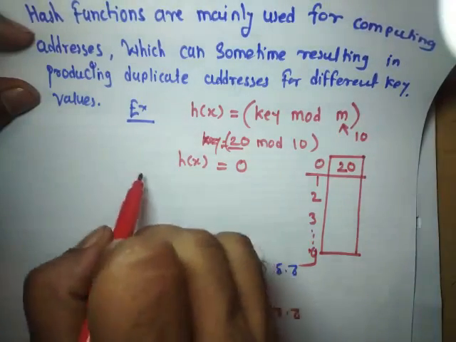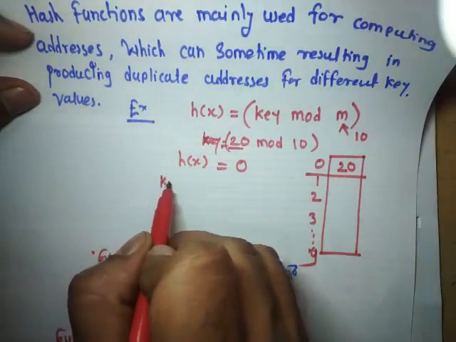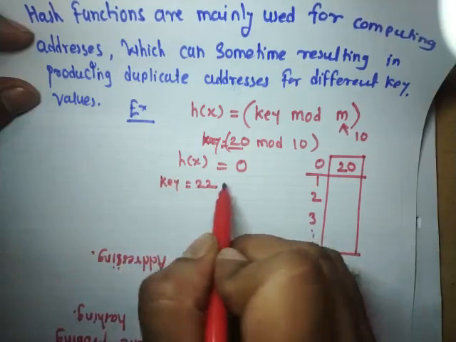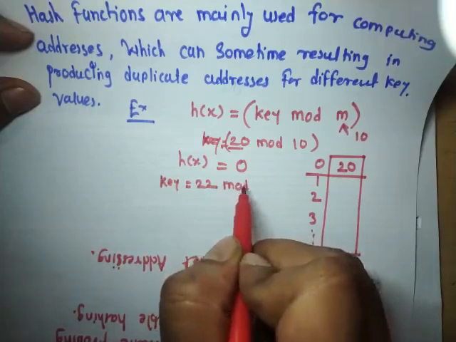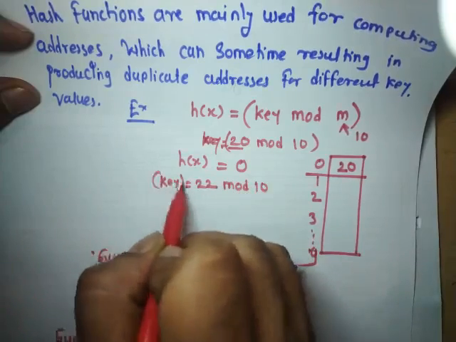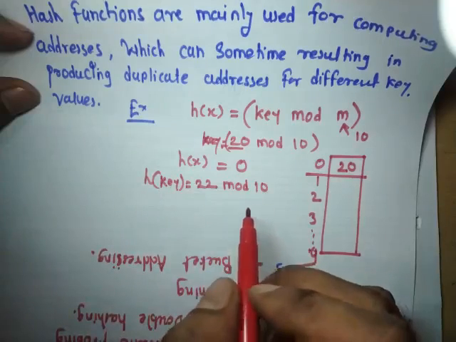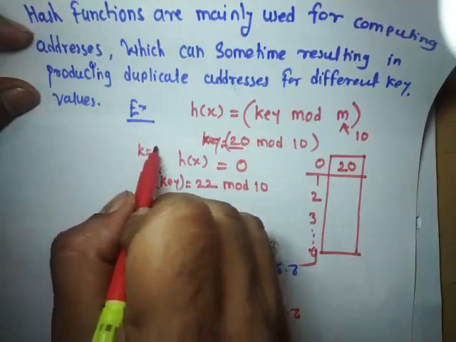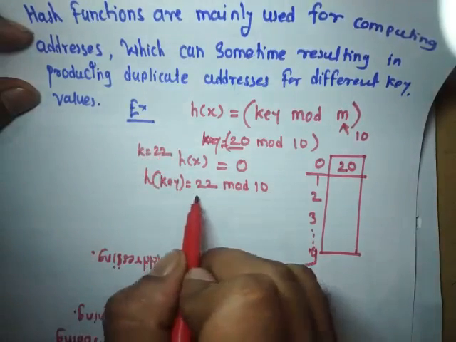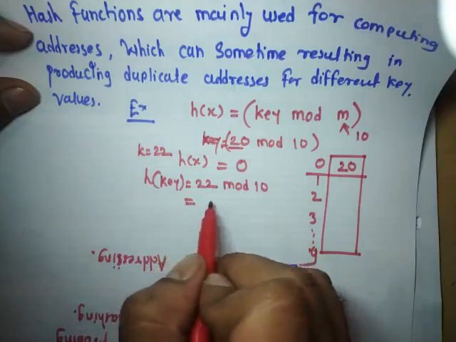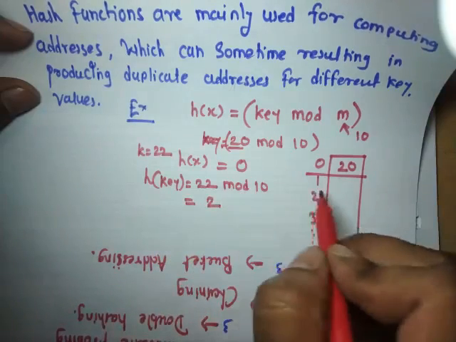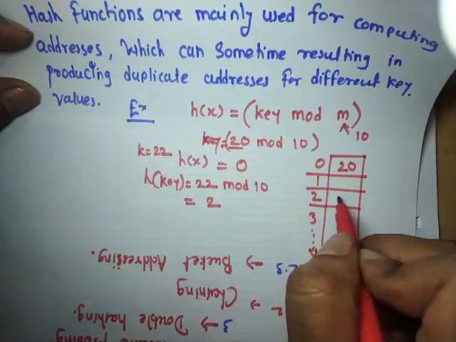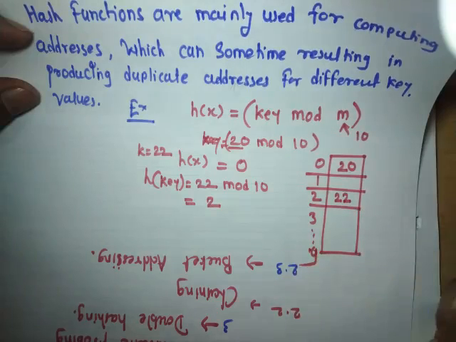Now suppose the key value is 22. 22 mod 10 results in index location 2. So at index location 2, we are going to store the element 22.